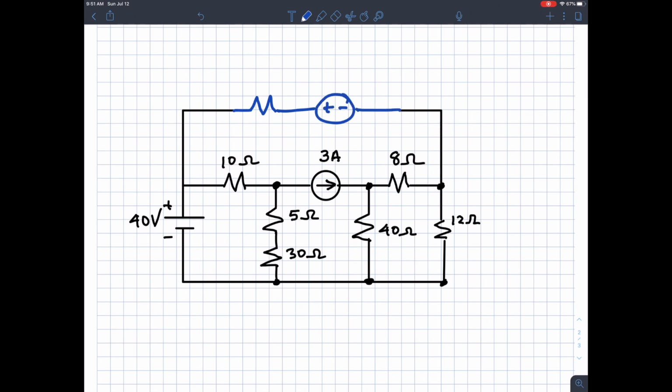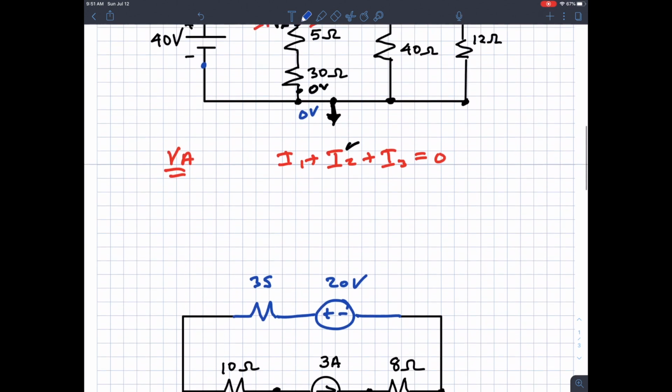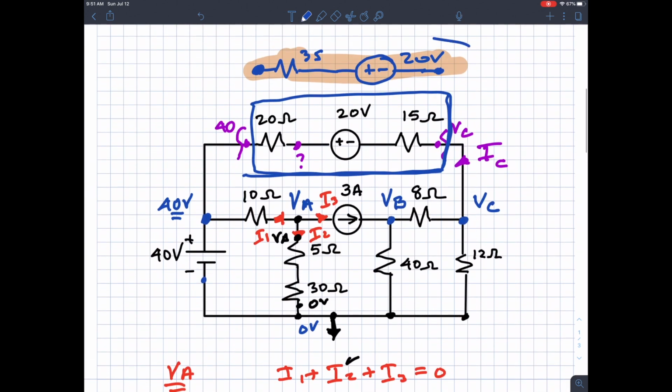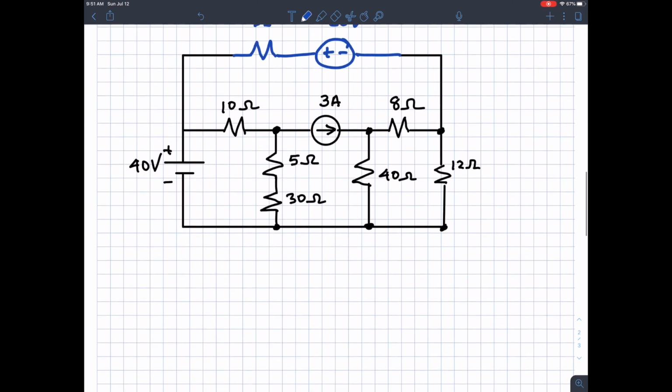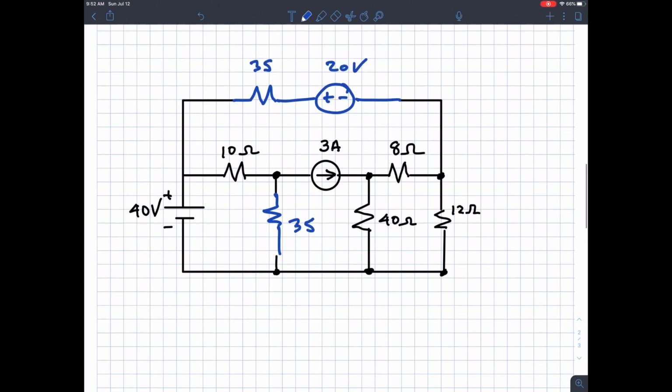So we talked about that being 35 ohms and 20 volts. I made this substitution for that upper branch. I'm also going to erase this and replace it with its equivalent resistance. Now I have this circuit set up really pretty well for node voltage.